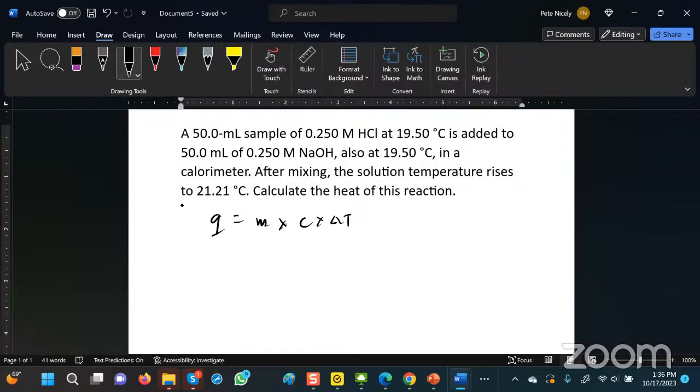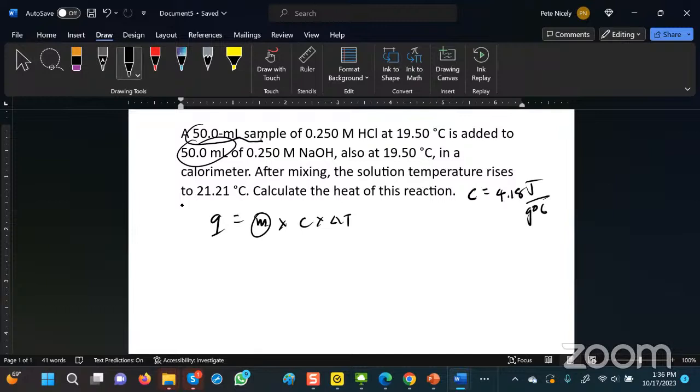C, we're going to assume, when it comes to aqueous solutions like these, is basically the same as the specific heat of water, 4.18 joules per gram degree Celsius. So the question now is, what is M? Well, we have a 50 mL sample of the hydrochloric acid and a 50 mL sample of the sodium hydroxide.